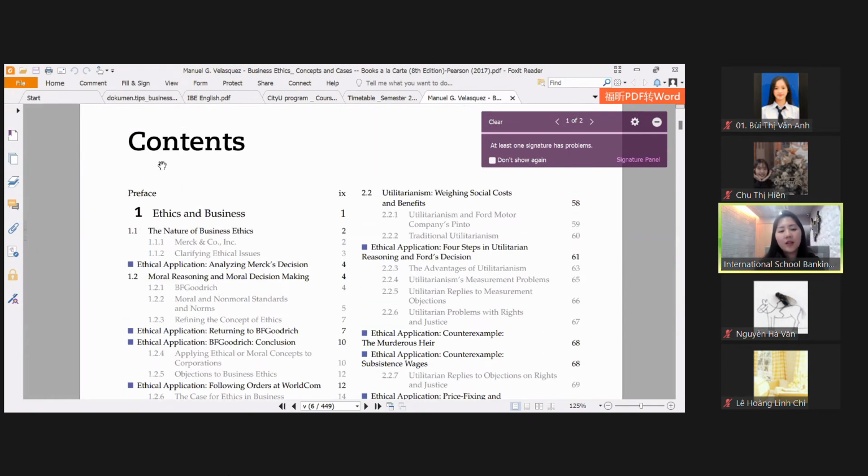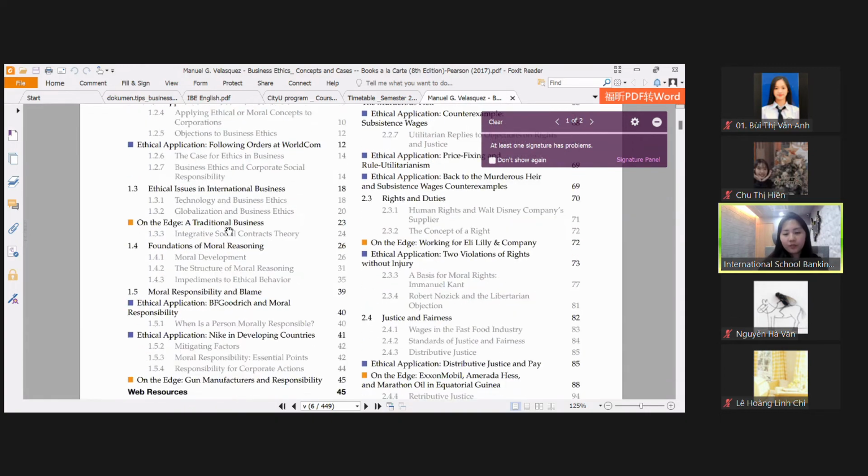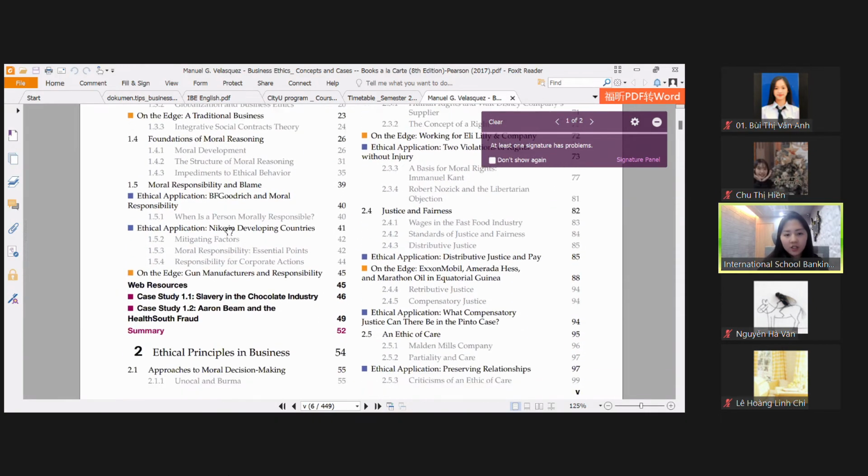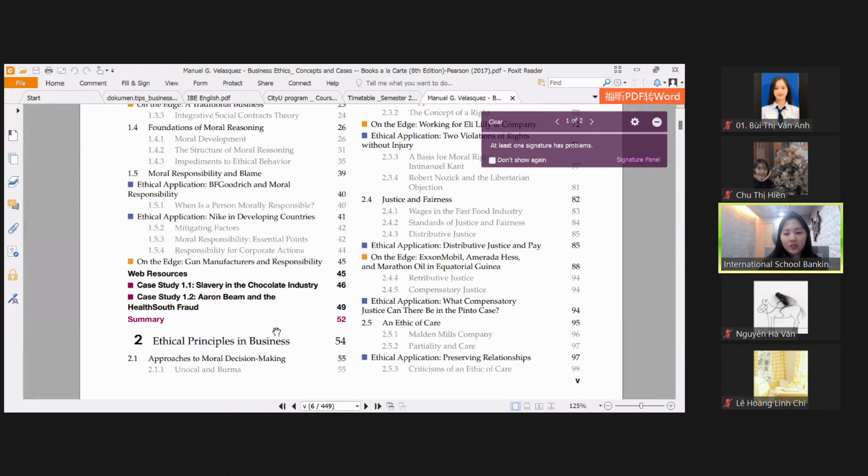Chapter number 1, Ethics and Business. It's going to give us the overview of business ethics, okay? The problems, the issues, the dilemmas, the concepts. And the second chapter, Ethical Principles in Business, is going to introduce us to different theories and principles that we can base on in order to solve the dilemmas.